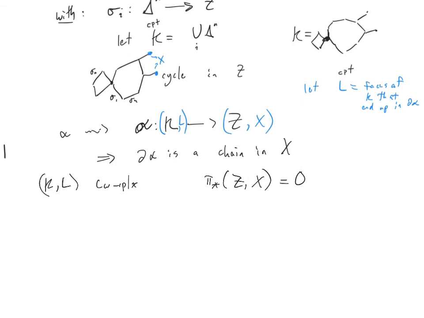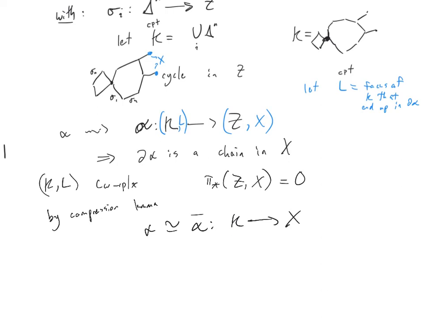So by the compression lemma, alpha is homotopic to a new map, let's call it alpha bar, mapping from K into X. And so K entirely lands inside of X.